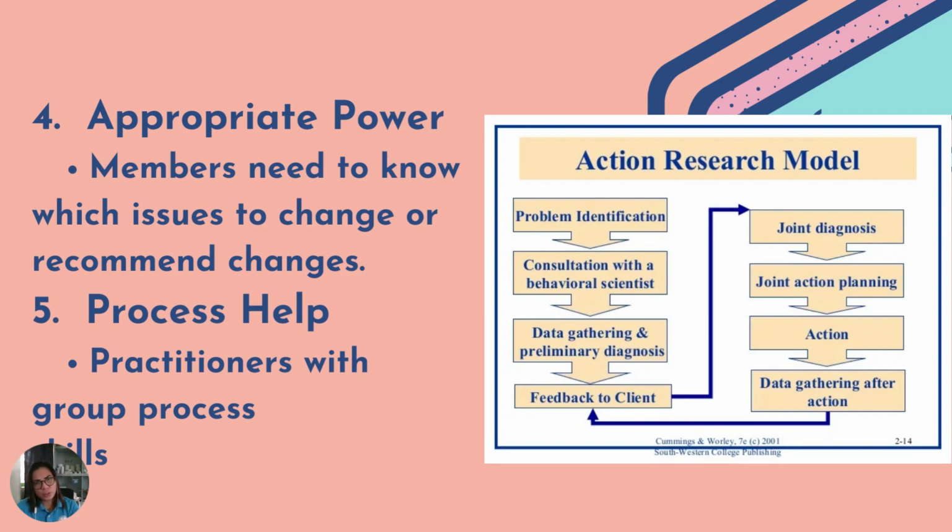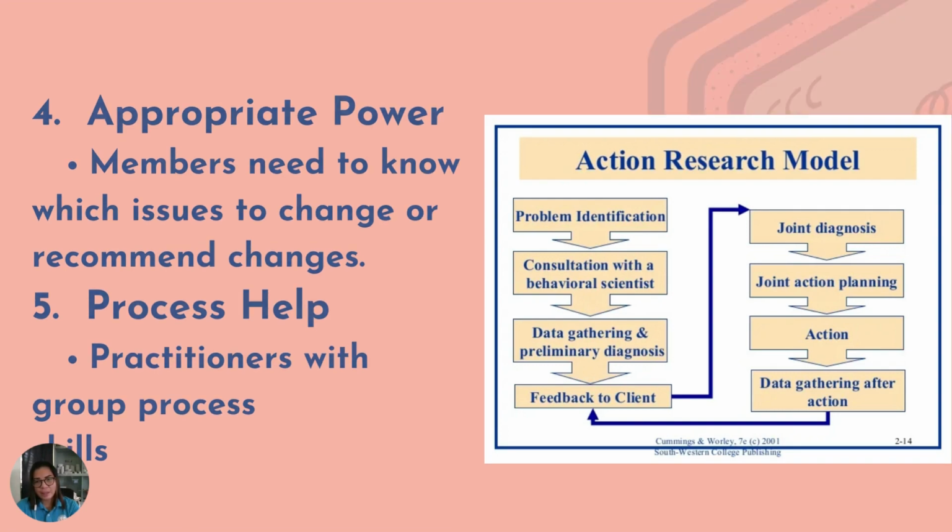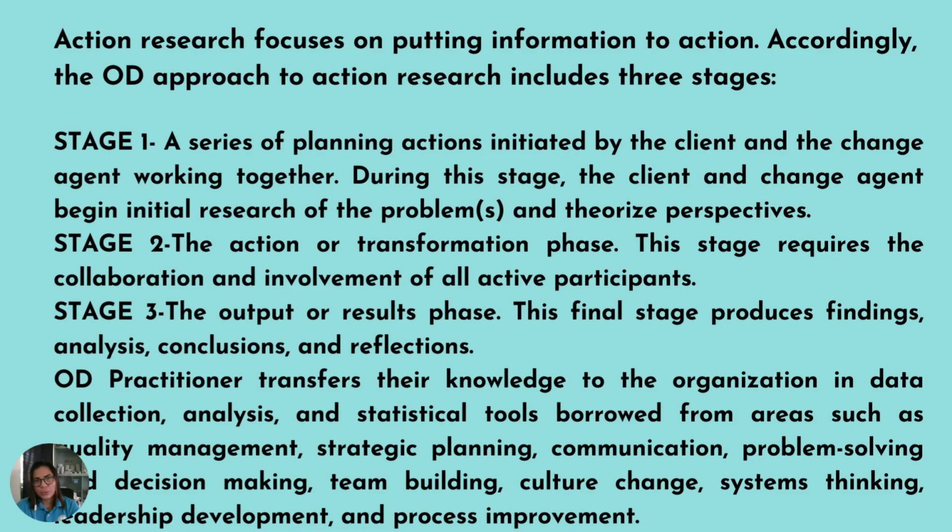According to Lewin, 1947, so it's very old, action research is a process by which practitioners attempt to study their problems scientifically in order to guide, correct, and evaluate their decisions and actions.